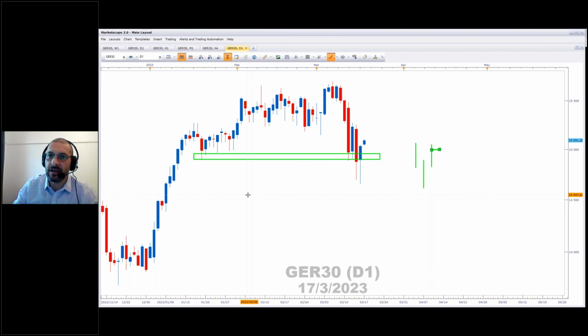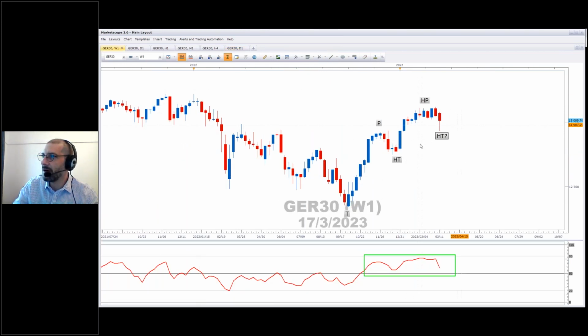But the idea here is if we get the 3 candles, then we potentially get the trough. And if we get the trough in on the daily, we potentially get the trough in on the weekly, and then we start moving on that next leg higher. I think that it's going to be very much a function of next week's monetary policy meeting. Next week's monetary policy meeting becomes incredibly important.